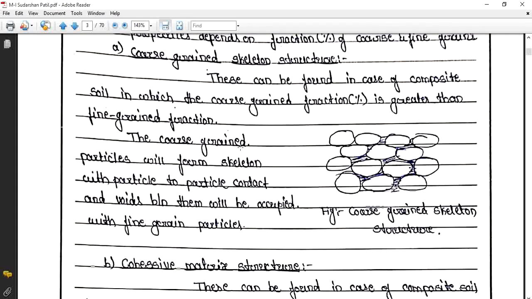The coarse grained particles will form a skeleton with particle to particle contact, and voids between them are occupied by fine grained soil. You can see coarse grained particles forming a skeleton structure, and in between those particles the fine particles occupy the place.